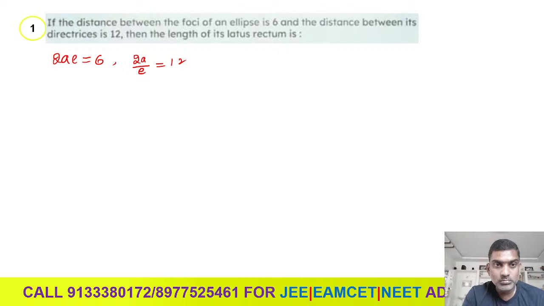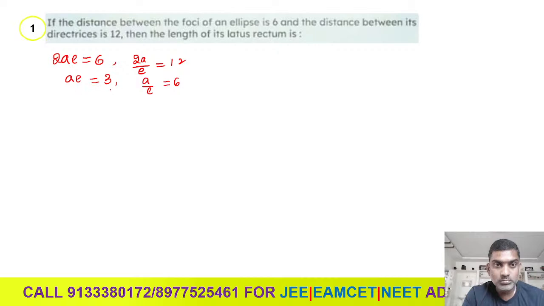What is the formula for the length of the latus rectum? The formula is 2B square over A. First let us calculate. From this we can get AE equal to 3, and from this A over E equal to 6.